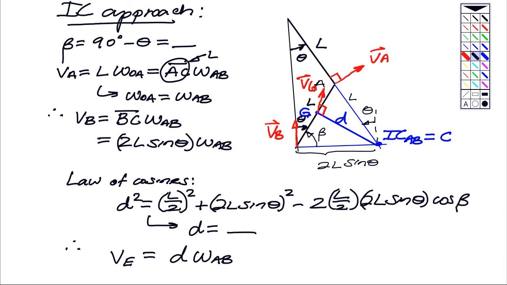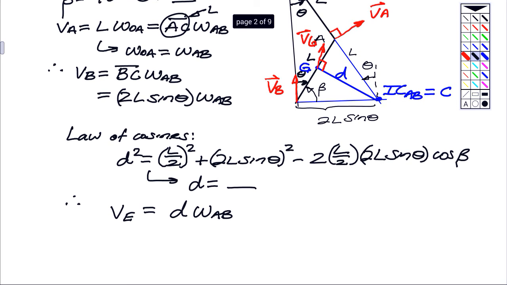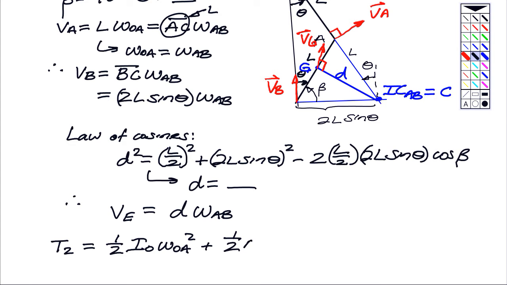Let me repeat my kinetic energy expression there at 2. That was going to be equal to 1/2 I-O omega OA squared. That was for OA. For the link AB, it's 1/2 m VG squared plus 1/2 mass moment of inertia about G omega AB squared, plus 1/2 m VB squared.